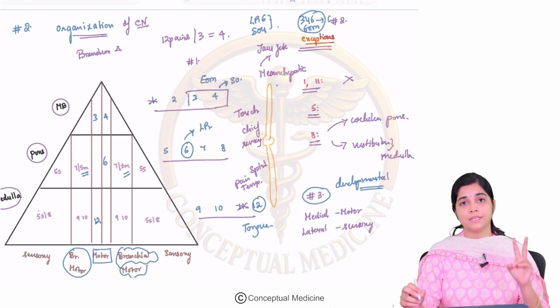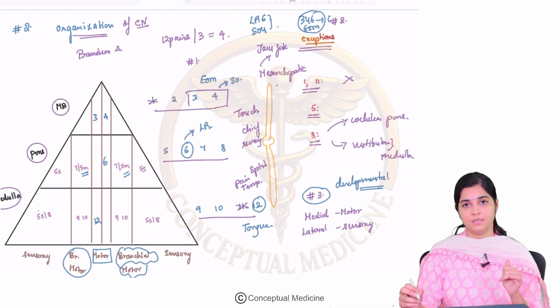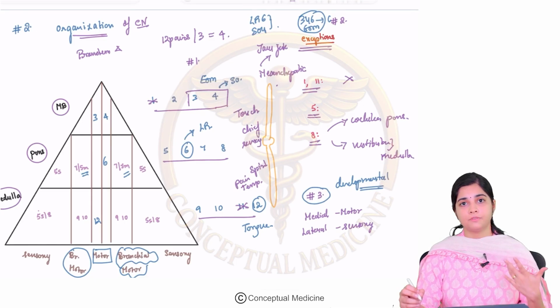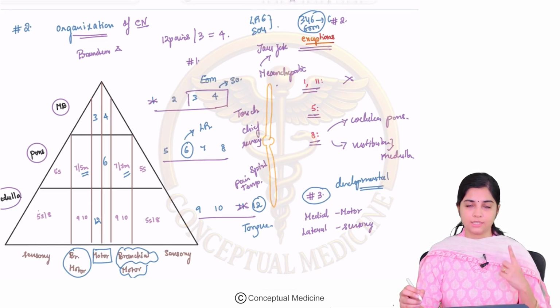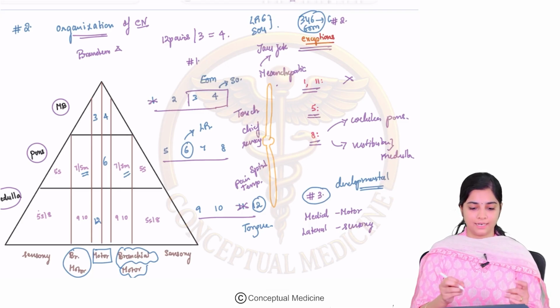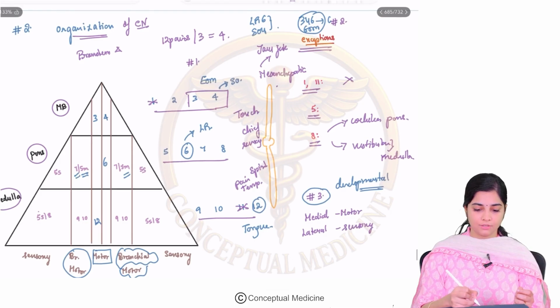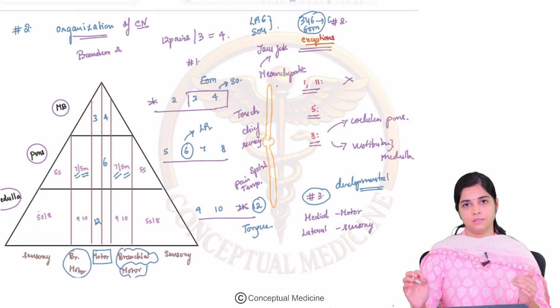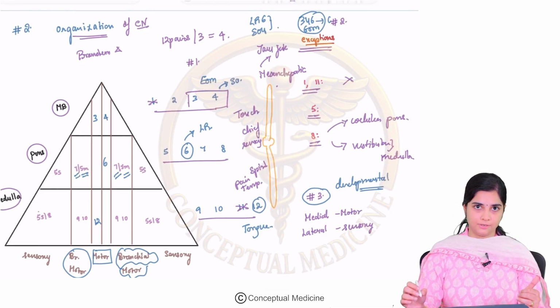So the trigeminal nerve has both sensory and motor supply. Sensory supply we have just now learned. It basically takes the sensations from the face. What is the motor function of the trigeminal nerve? It supplies the muscles of mastication. So that is represented slightly laterally, and including the seventh or the facial nerve, which is also a slightly lateral representation.